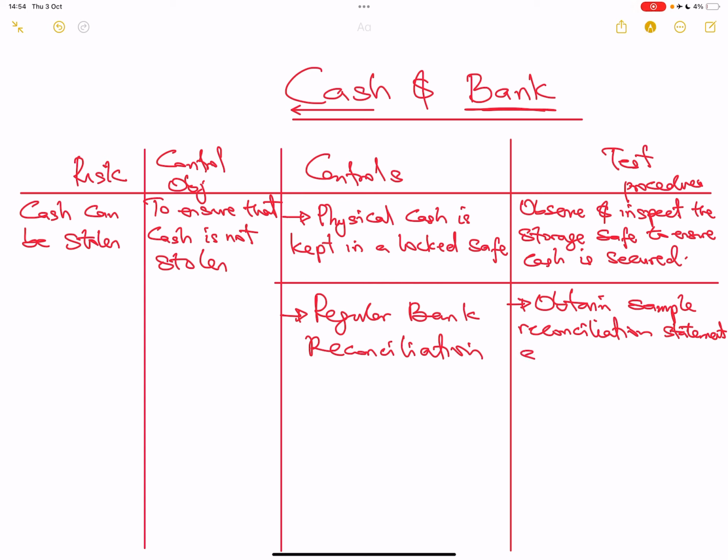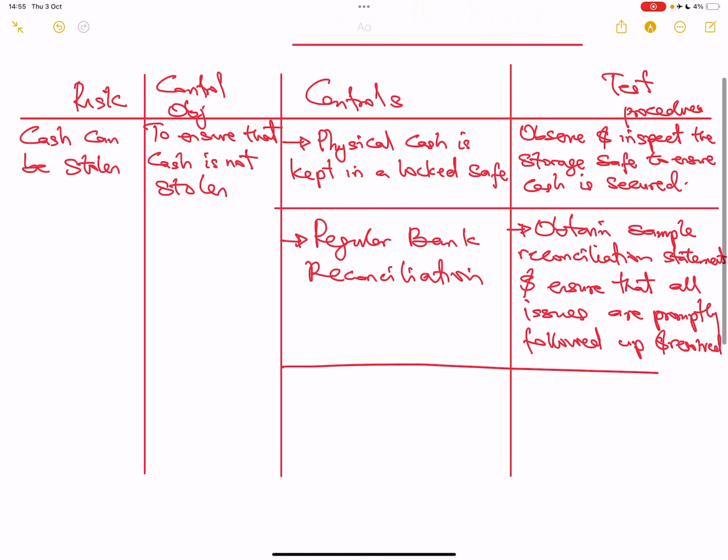Beyond that, they need to ensure that all issues, which are the reconciling items, are promptly followed up and resolved. That is when the control is working.